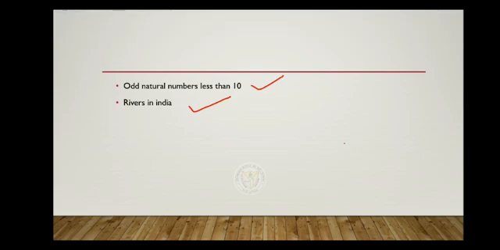Now we'll see next one. Collection of beautiful flowers in the garden. Is this collection well defined? No, this is not well defined. Why? So, the word beautiful is a relative word. According to some person, jasmine may be a beautiful flower.